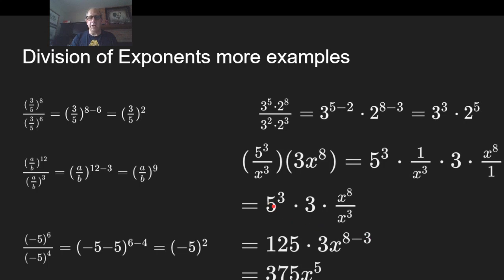I cannot combine numbers with different bases, but I do know 5 to the third is 125 because 5 times 5 times 5 is 125. And then 125 times 3 is 375. So my final answer is 375x to the fifth. And now we are almost done with this whole chapter. One more video.